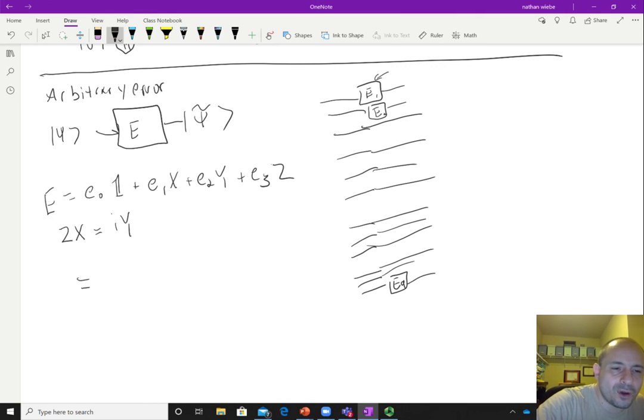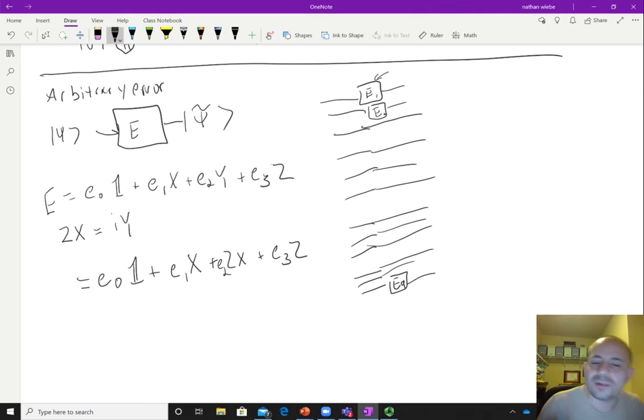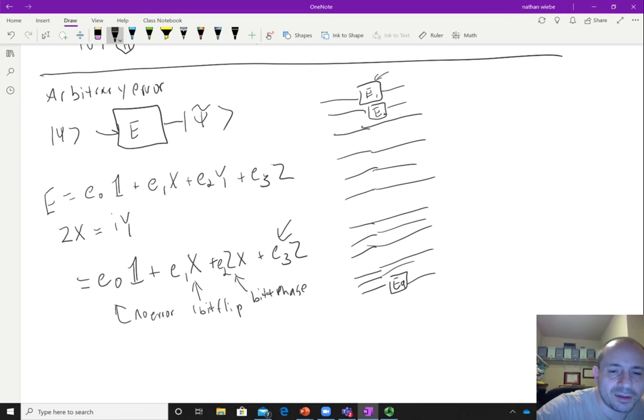So therefore, there exist coefficients in general such that we could always end up writing this, instead of Y, as E1 X plus ZX E2 plus E3 Z. So what this ends up saying is that an arbitrary error that's described by a linear operator in this case can be written as a linear combination of no error, one bit flip, a bit plus phase flip, and a phase flip.